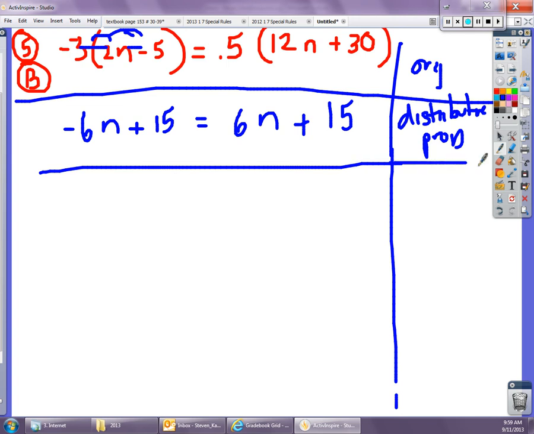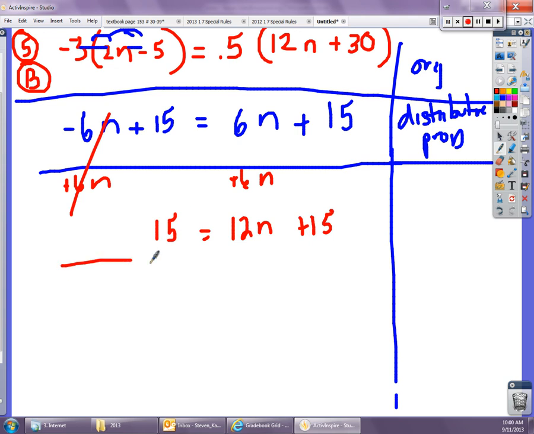So some students thought that maybe you had the same thing on both sides, but you don't, because one of the sides has -6n and the other one has +6n. So we're going to go ahead and put all our n's on the same side. I'm going to add 6n on both sides. That way it'll cancel out here, and I'll have on one side 12n plus 15 is equal to 15.